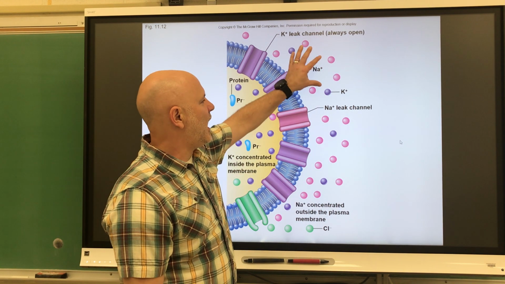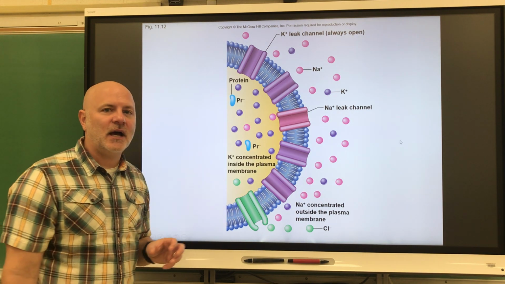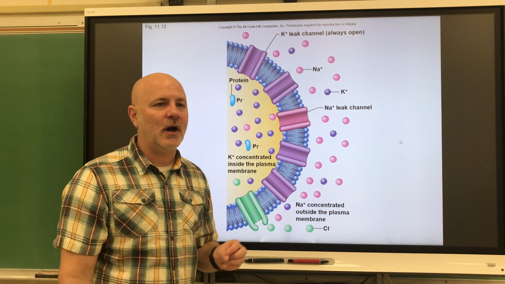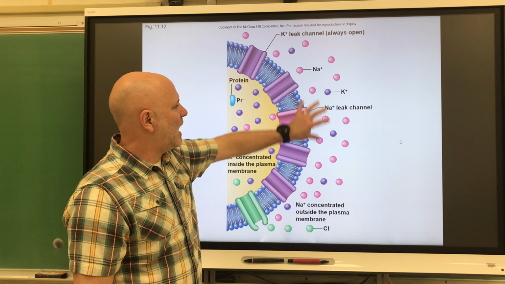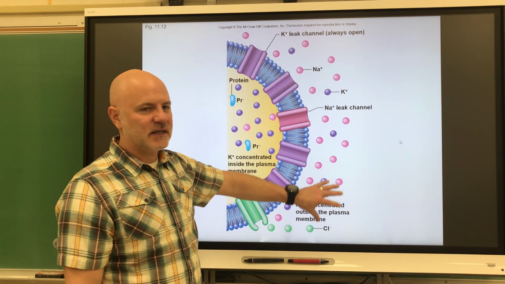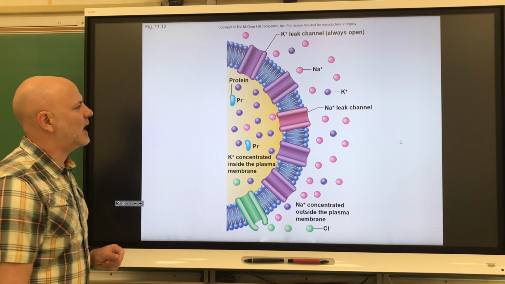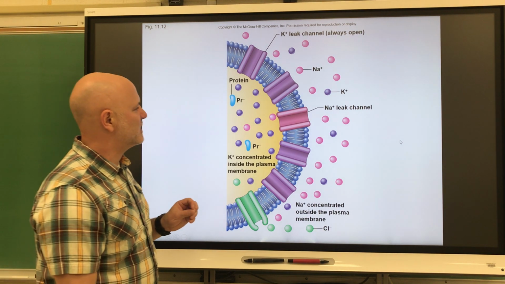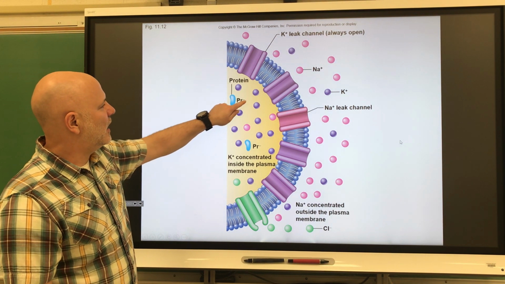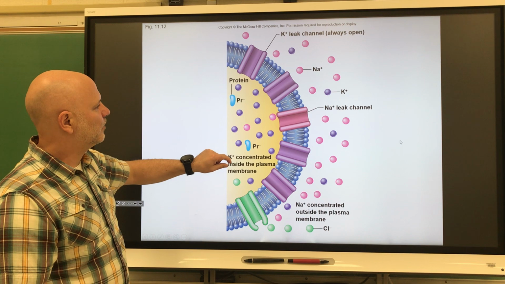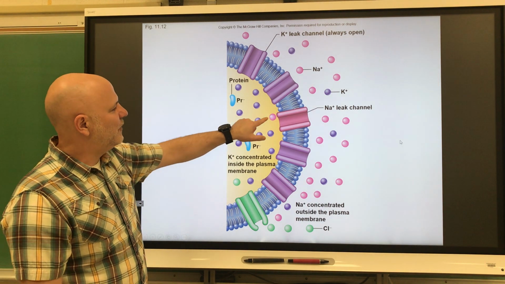Because of all these positively charged ions outside of the plasma membrane of a neuron, the outside is positive. If we look inside of the cell, we see we have a lot of potassium ions inside here, and few sodium ions.